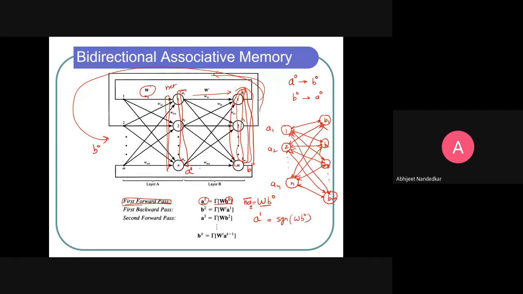Now this A1 vector is processed through the next matrix, that is W transpose. So you can see here W transpose A1 will give you the net value for the neurons which are here.